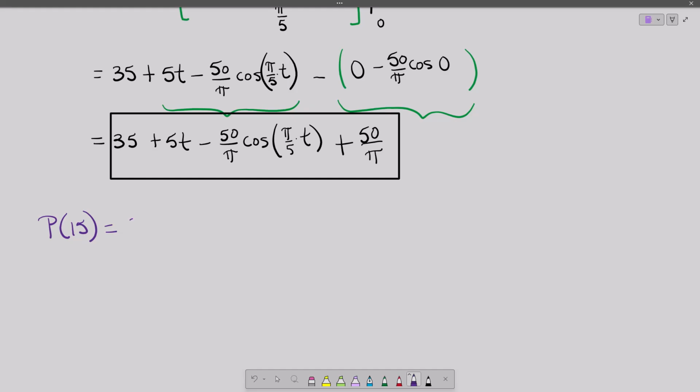So if we plug in the 15, we're going to get 35 plus 15 times 5 is 75, minus 50 divided by pi cosine. Plug in a 15 there, and I'm seeing 3 pi, plus 50 divided by pi.